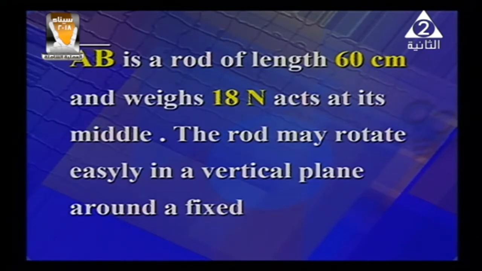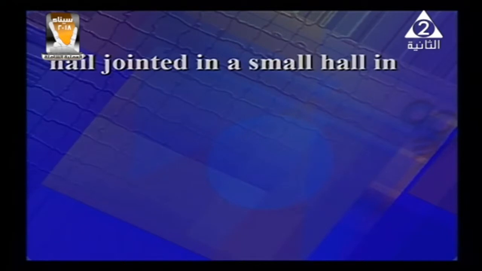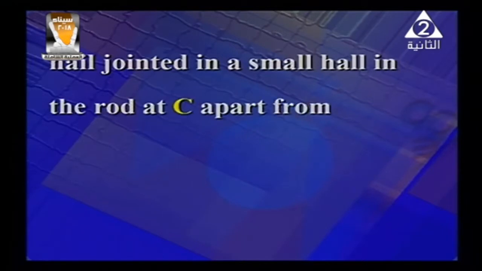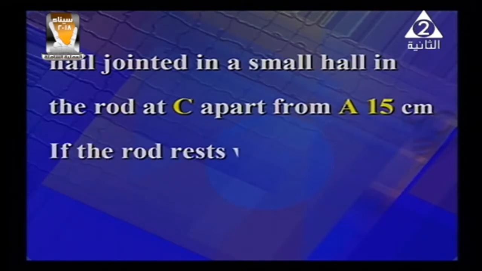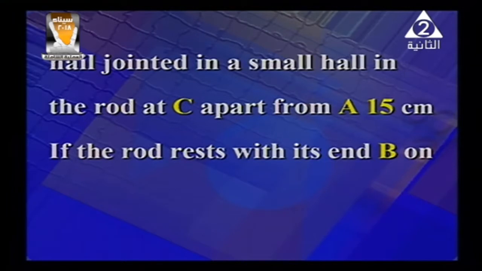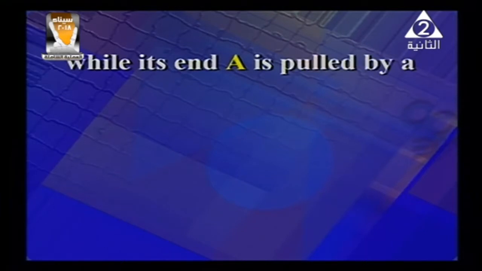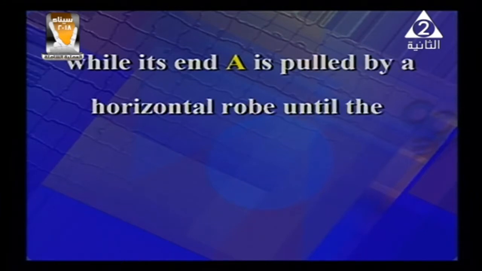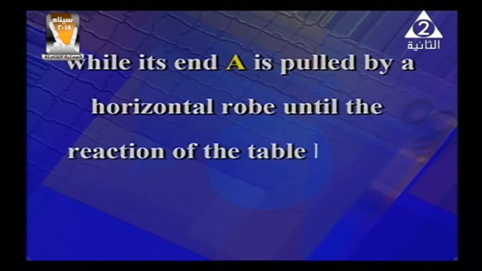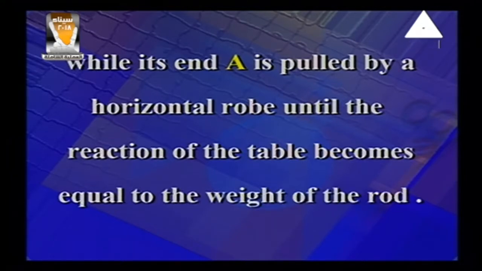The rod may rotate easily in a vertical plane around a fixed nail fixed in a small hole in the rod at point C, 15 centimeter from A. The rod rests with its end B on a horizontal smooth table, while its end A is pulled by a horizontal rope until the reaction of the table becomes equal to the weight of the rod.